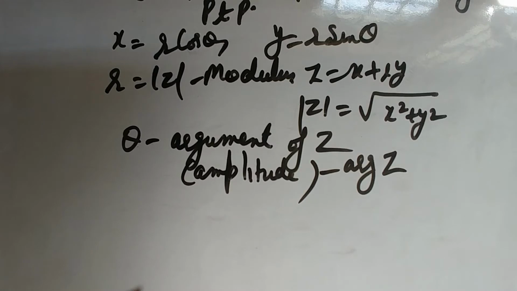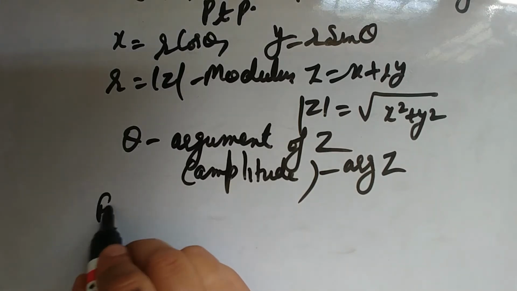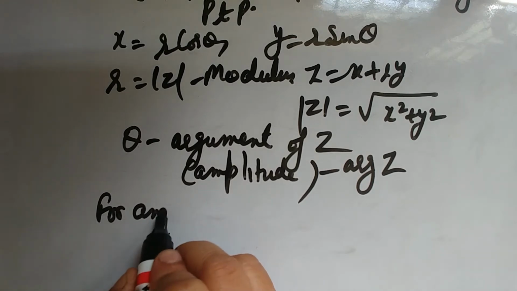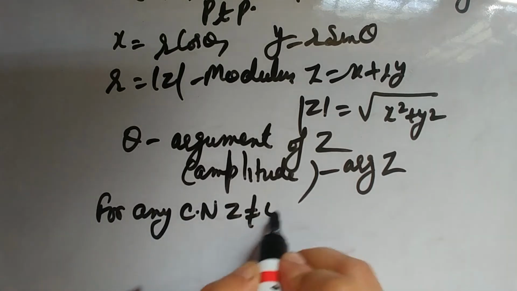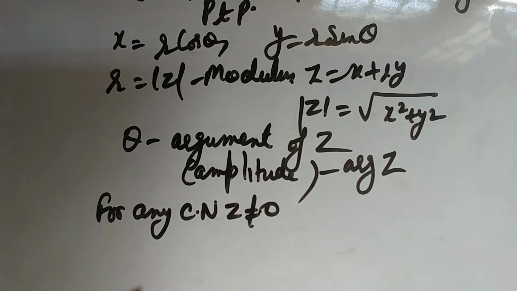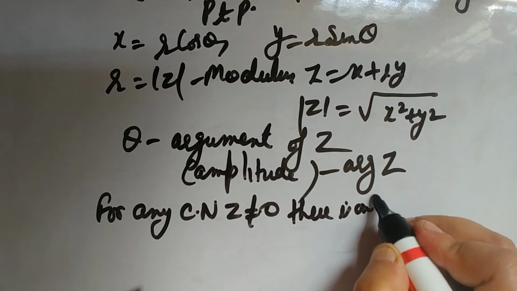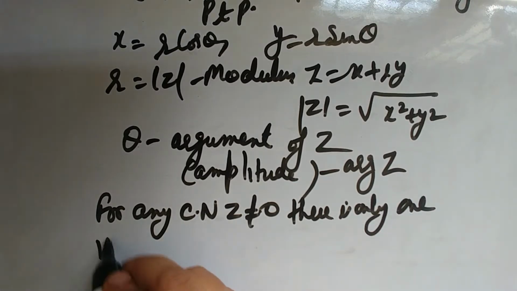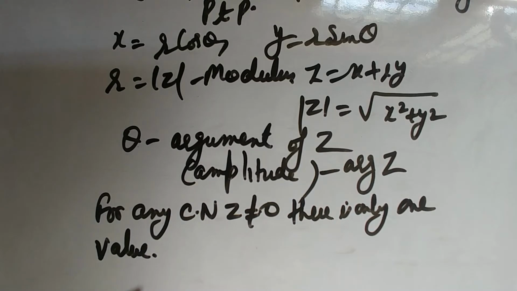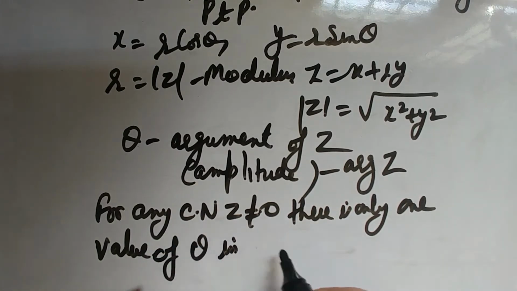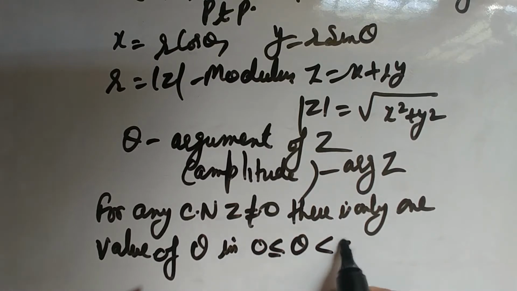When we are dealing with arguments, note down a few things: for any complex number z not equal to 0, there is only one value of theta in the range greater than or equal to 0 and less than 2 pi.